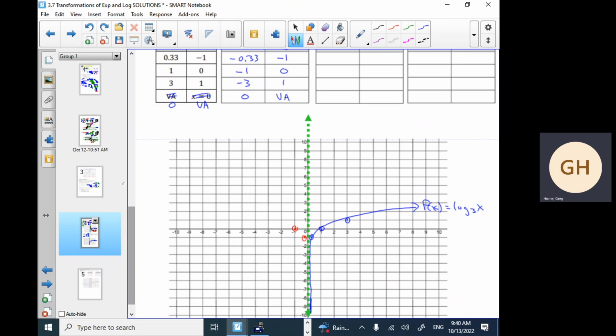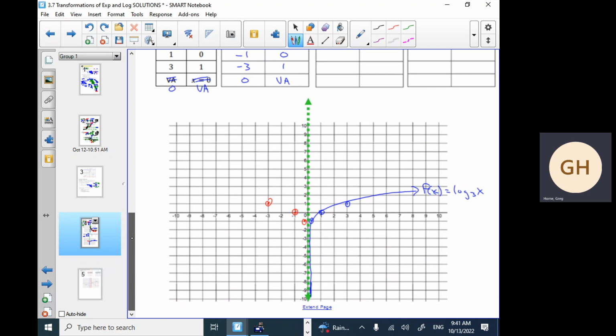It becomes easy to think of it that way, or you could look at the table and say negative 1, 0, negative 3, 1. It's just your mirror image. So that's my f of x, log base 3 of negative x.